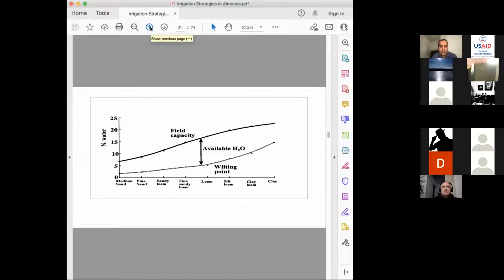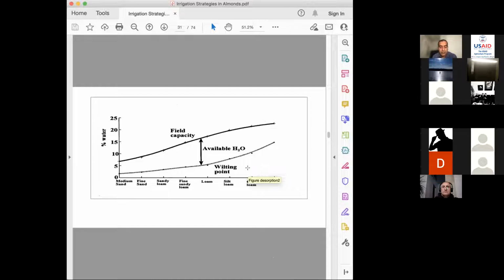So from the field capacity, your trees can start drinking water drop by drop every day. And then if you do not apply any irrigation, there will be a time where there will be no water in the soil profile, the only water in the soil profile will be really tightly held in the soil pores.